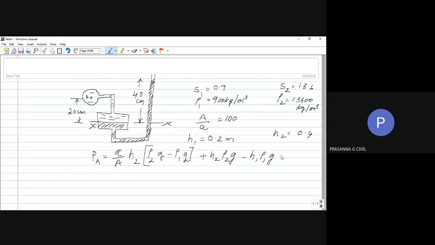And the small difference, that A by a, they have given as 1 by 100, because capital A is 100 times more than small a. It doesn't matter much. If you just remember it as H2 rho 2 G minus H1 rho 1 G, that is also fine. In the exam, you can do that. There's no problem.